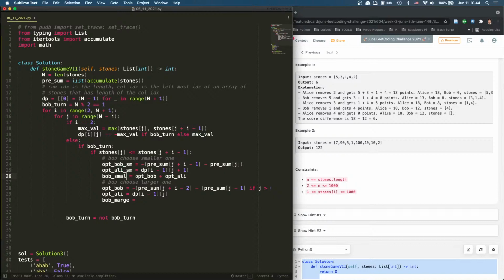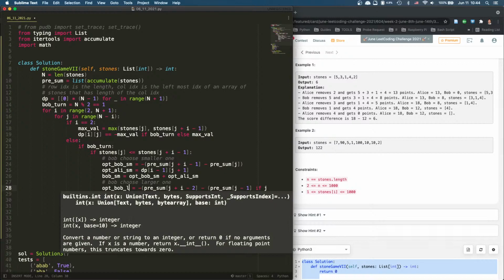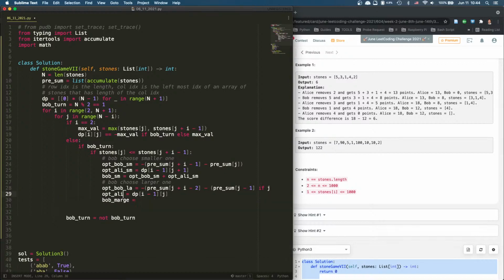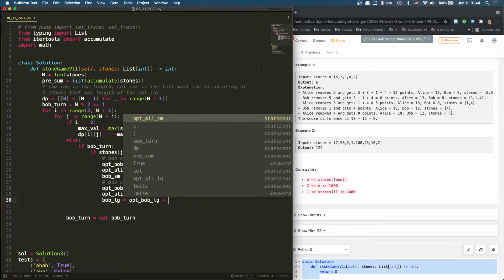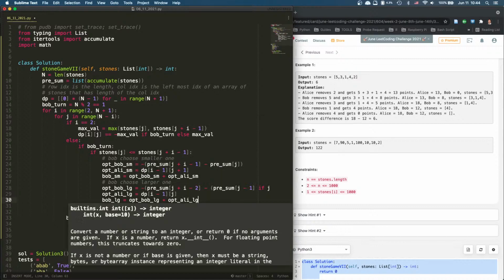Small equals optimal Bob small, this is small, and then this is going to be large, and Bob large, small. Yeah, I like to say LG, large equals optimal Bob large plus optimal Alice large.